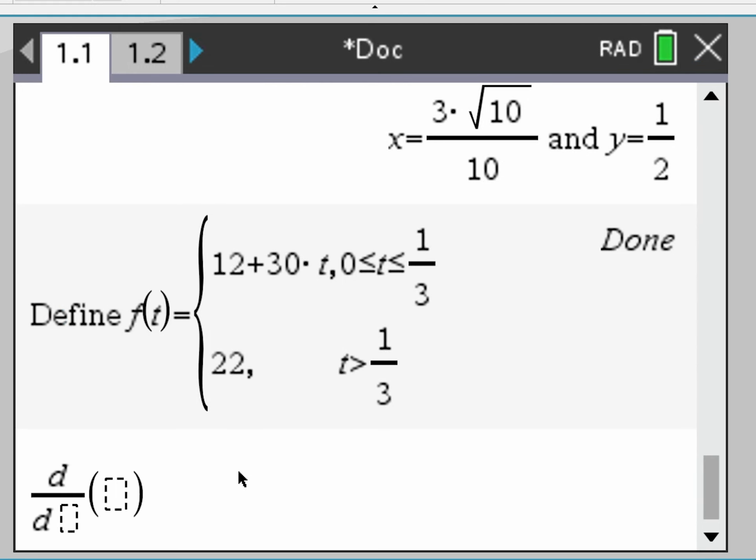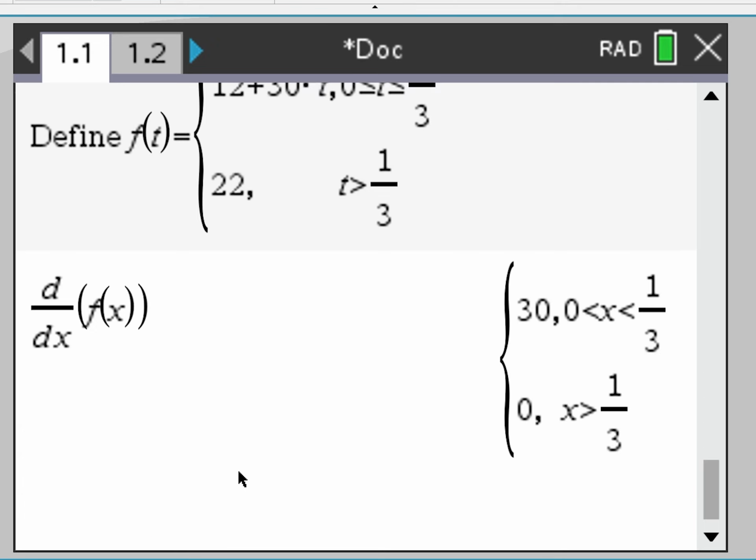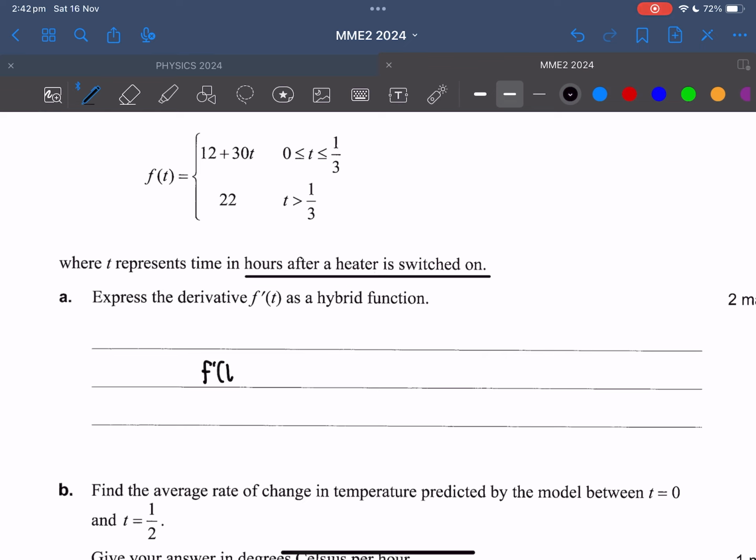Menu, 1, d/dx of f of x. So this is our hybrid function. Let's copy that down. So f dash of t equals 30, for 0 less than t less than 1/3, and 0 for t greater than 1 on 3.